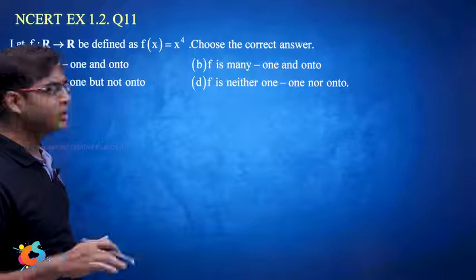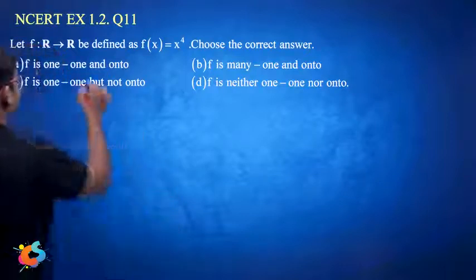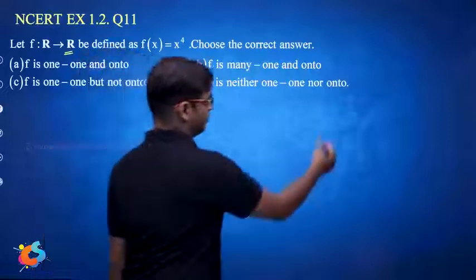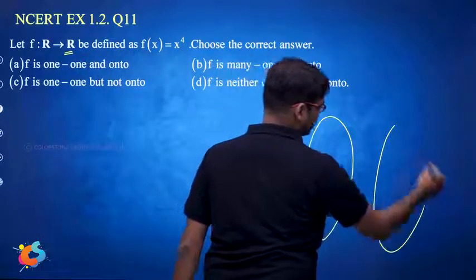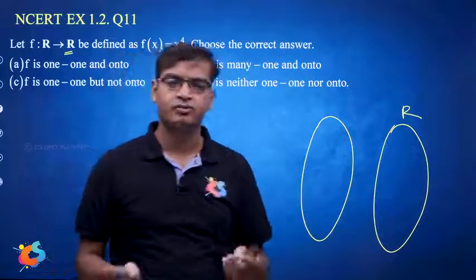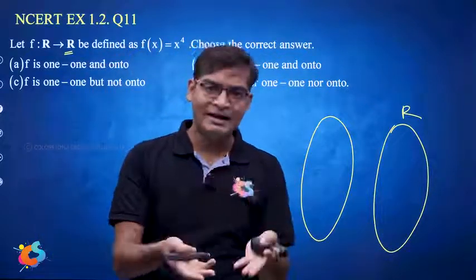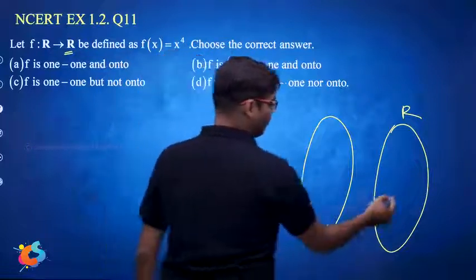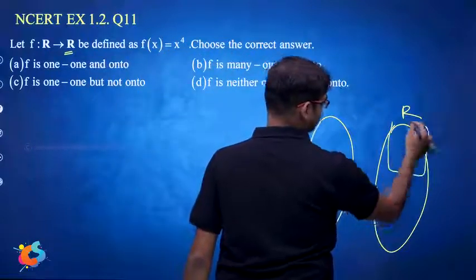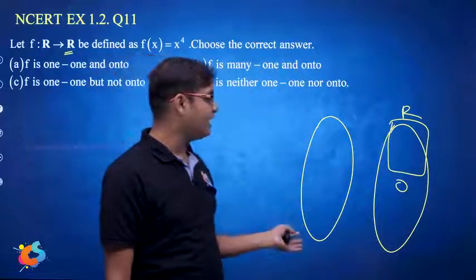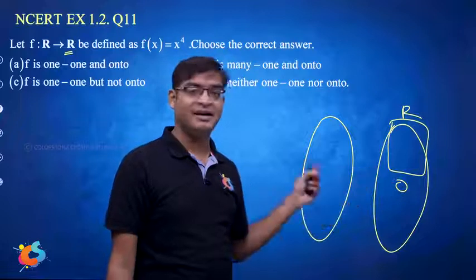And next is, will it be onto function? Here we have all real numbers, and in real numbers we have negative real numbers also. If you are taking power 4 of any real number, how will it be negative? It will not be negative. So whatever real numbers are negative, they don't have any mapping, because power 4 of any real number will not be a negative number.